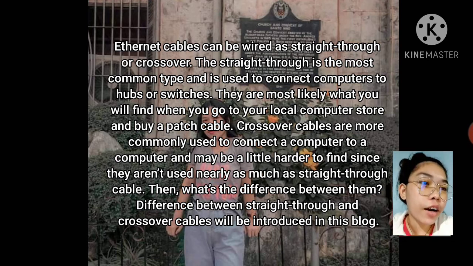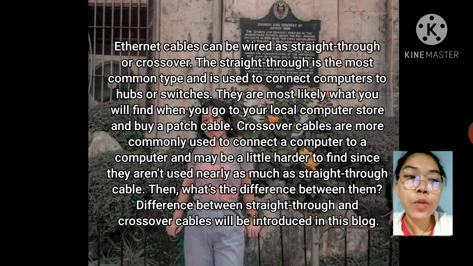They are most likely what you find when you go to your local computer store and buy a patch cable. Crossover cables are more commonly used to connect a computer to a computer and may be a little harder to find since they aren't used nearly as much as straight-through cables.